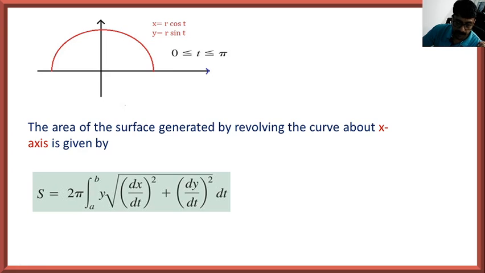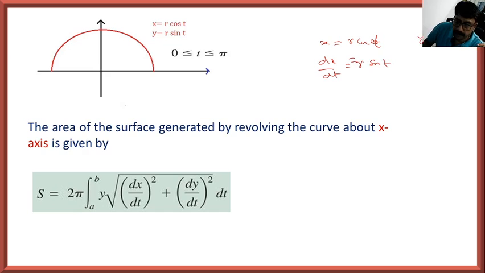So this is the formula. Now you find dx by dt and dy by dt. Here x is equal to r cos t. Then dx by dt is equal to, r is constant, derivative of cos t is minus sin t, so it is minus r sin t.